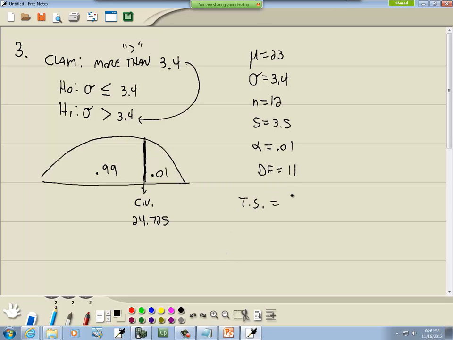Test statistic: n minus 1 times S squared divided by sigma squared. Well, n is 12, so we've got 12 minus 1. S was 3.5, so we've got 3.5 squared. Divide by sigma squared, and sigma is just the number off of your claim here, so it's 3.4 squared.